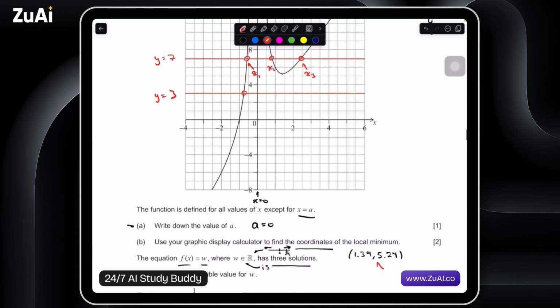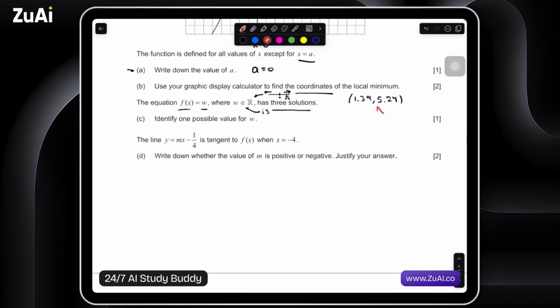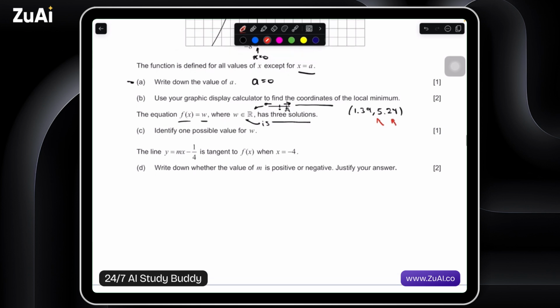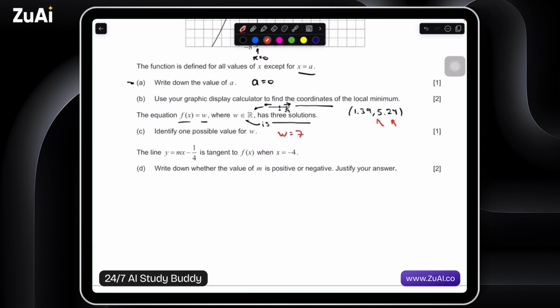And really, if we want to answer this question, identify one possible value of w, it's anything above this y value of 5.24, that's the minimum, anything above that. So we could say that w is equal to 7 or something like that. Really anything above 5.24.